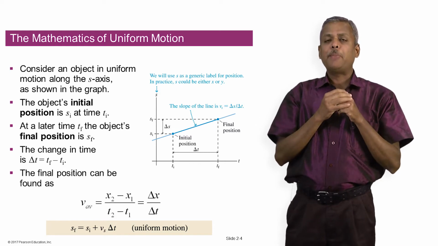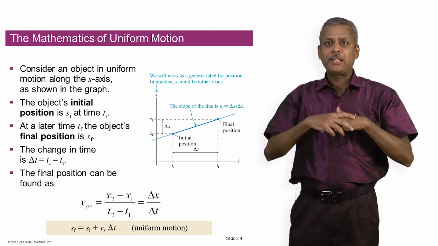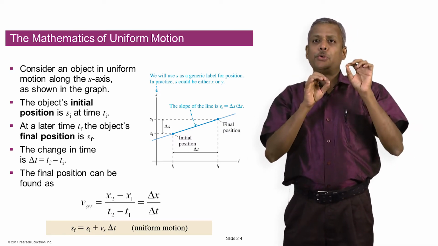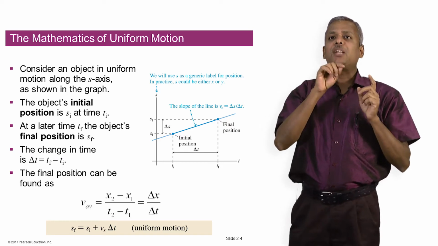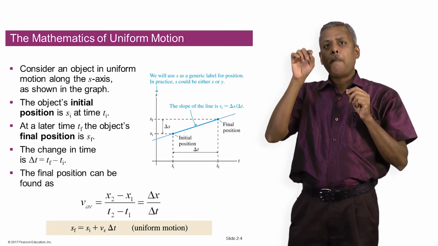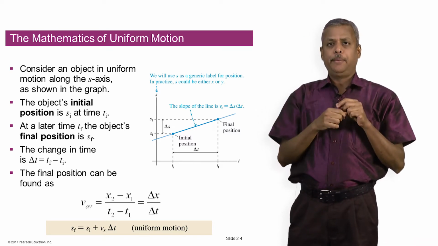Sometimes in physics and math, we try to linearize and write the equation in linear fashion. So I can manipulate that equation so that I can write x final is equal to x initial plus vs or vx delta t.